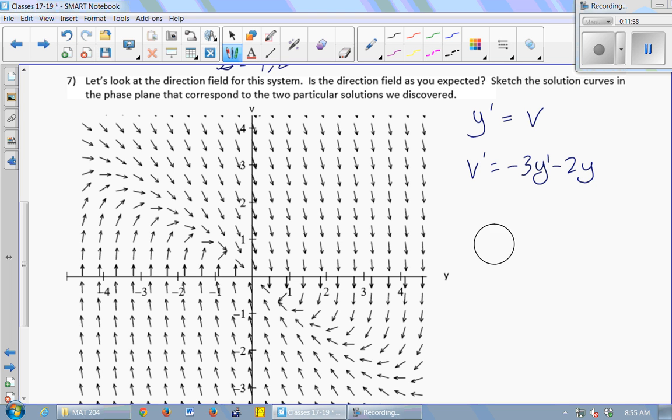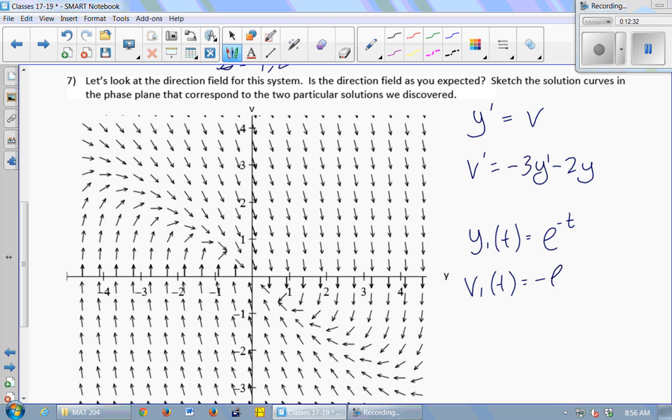Good. So if y1 we said is e to the negative t, what's v1? Negative e to the negative t, because velocity is the derivative of position, right?